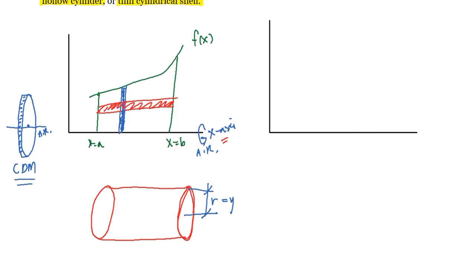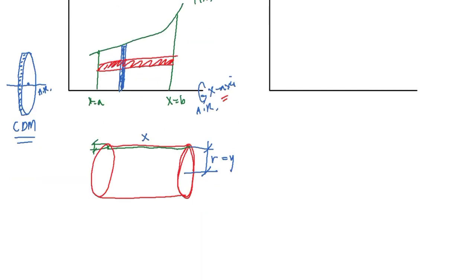And of course, kailangan din nating kunin itong distance x na to. Wherein that distance x here is, of course, the length nitong thin cylindrical shell natin. If we are going to consider the thickness, this thickness here is the dy.